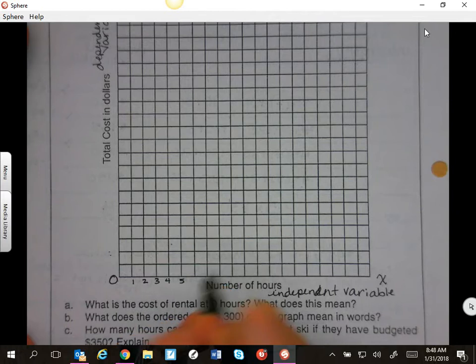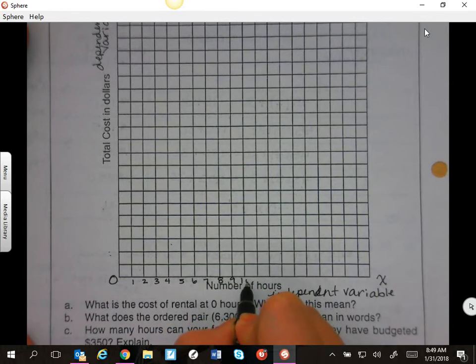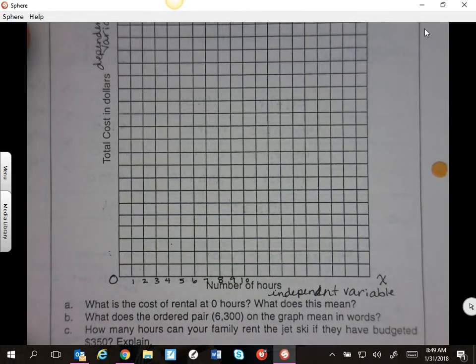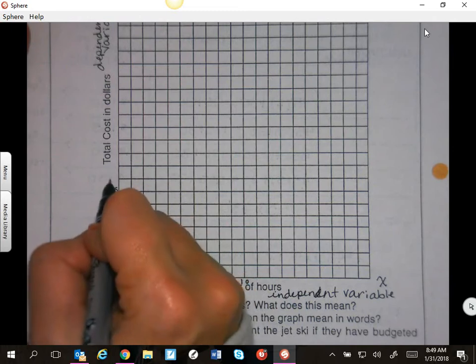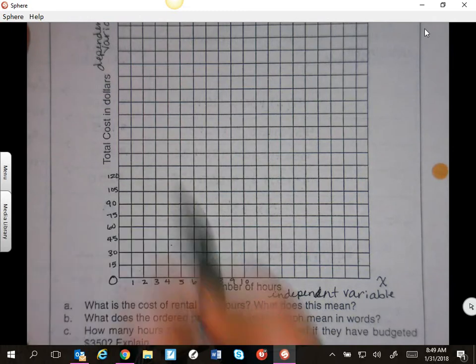And again, we need to have this label here because we need to know what these are representing. All right, I'm just going to go to 10 right now. Normally, we want to try to use as much of the graph as possible. So 15, 30, 45, 60, and it's going to take a little time to make sure that you label this correctly. Oh, my lights went out. There we go. 90, 105, 120.